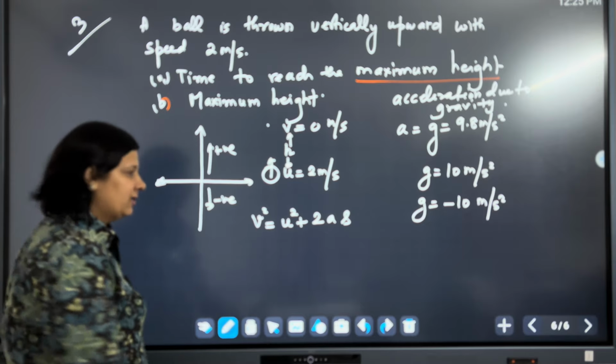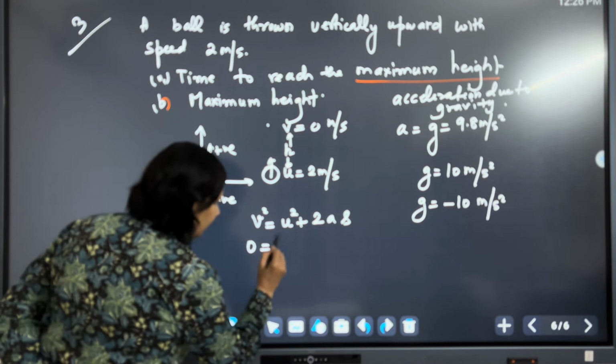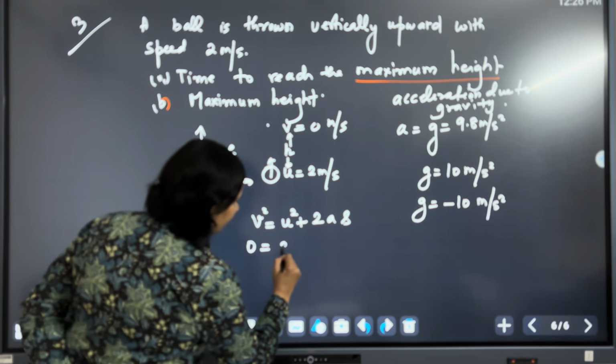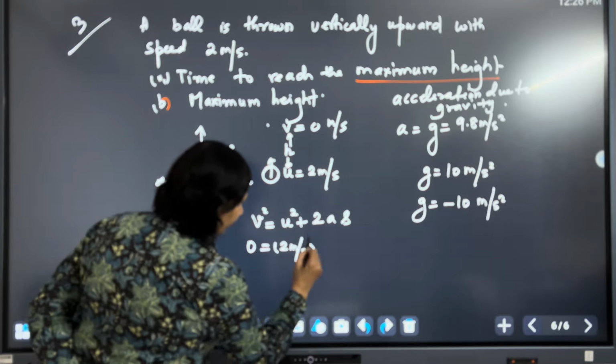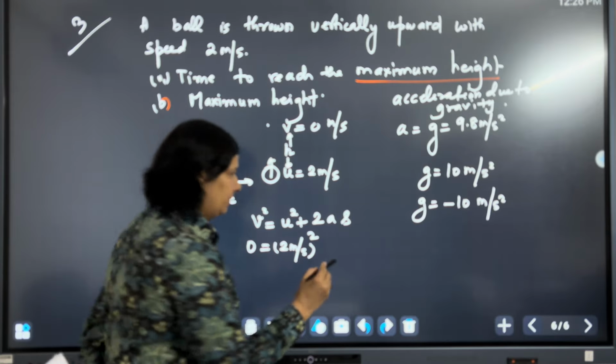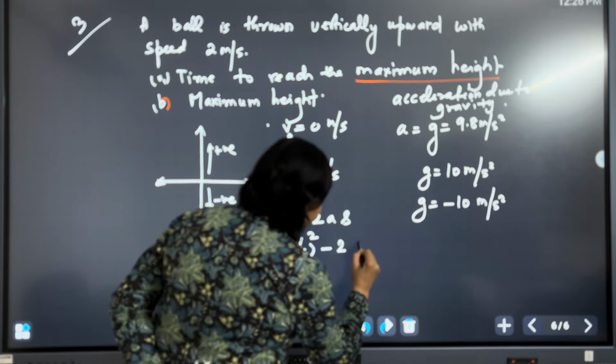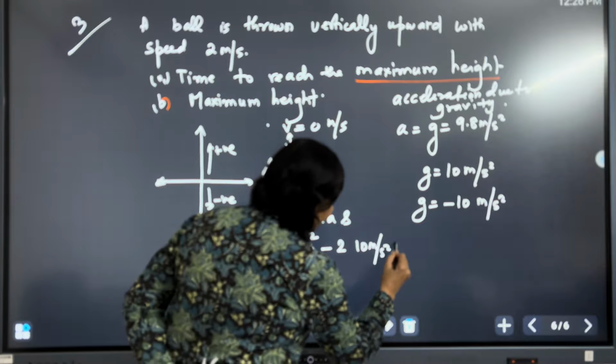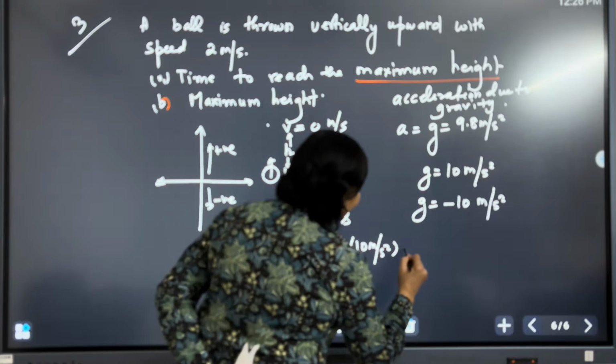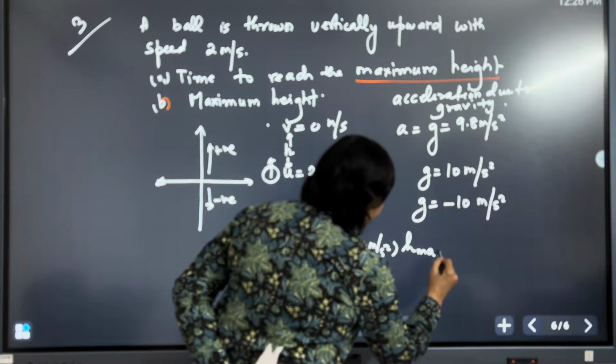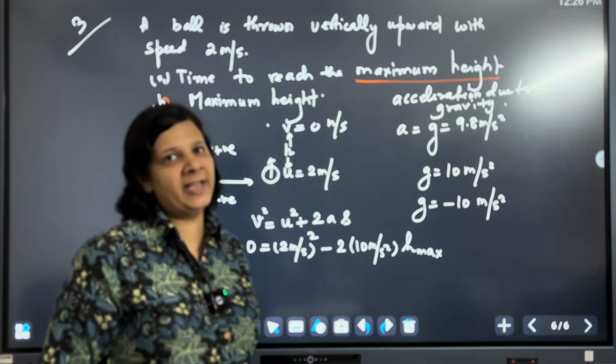Okay, let me write this first. But in this equation, final velocity is 0. Initial velocity is 2 meter per second. a is minus g, so minus 10 meter per second square. And I need to find the maximum height, h maximum. In place of s, I am writing h maximum.